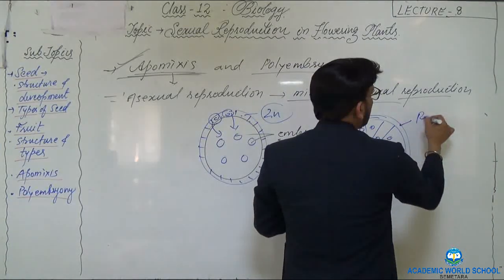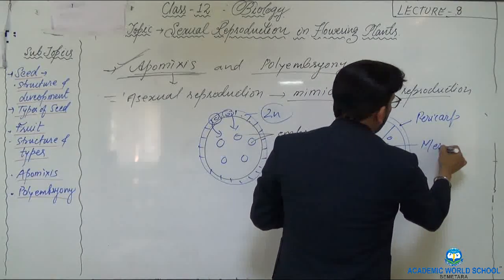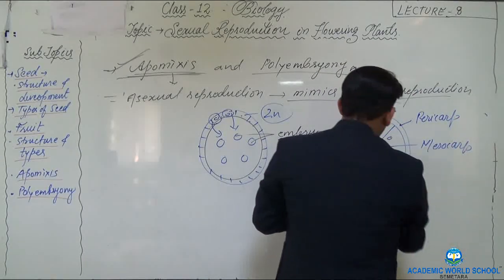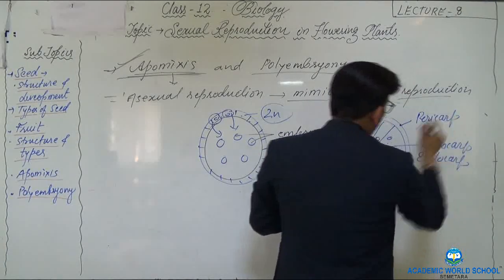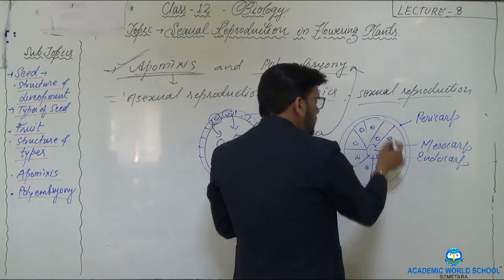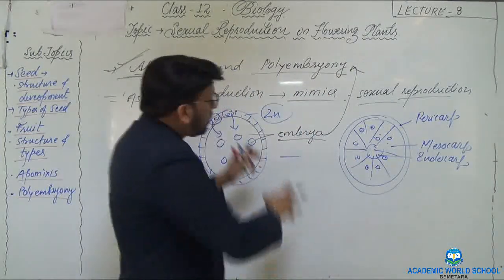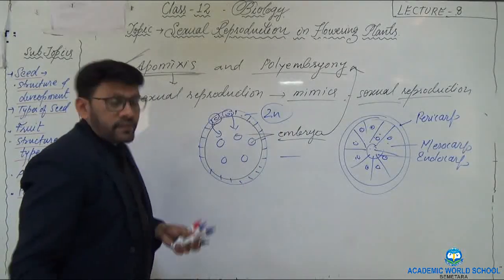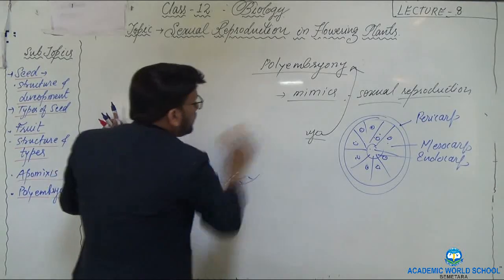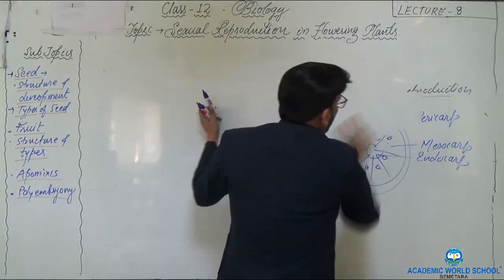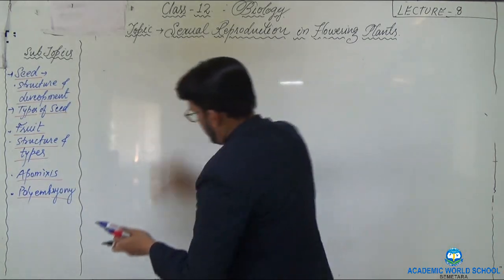So this is the pericarp, this is the mesocarp, and this is the endocarp. Between these you can see these seeds.